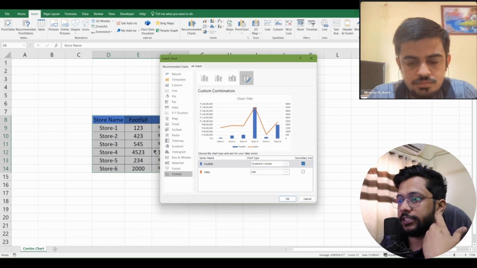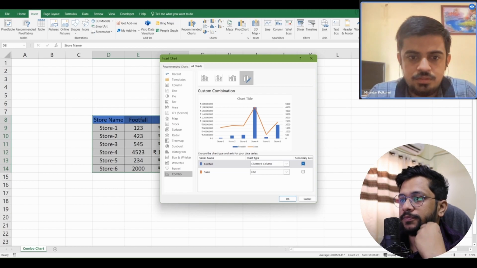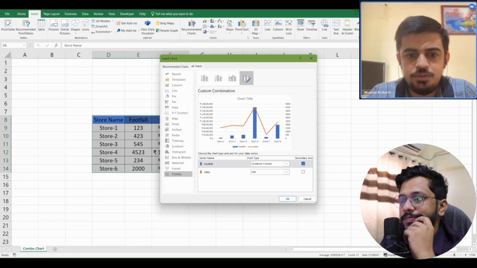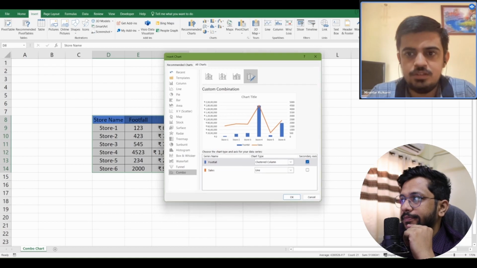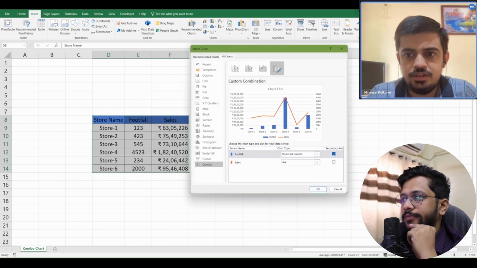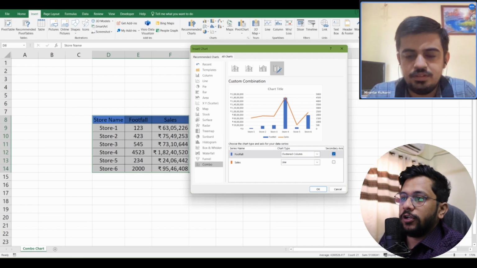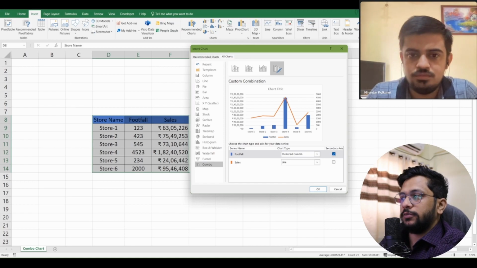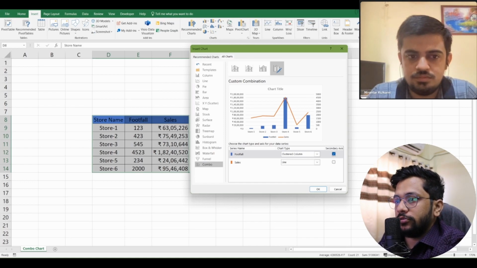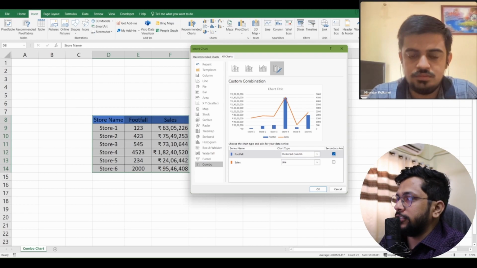Why would we create secondary axis? Because we don't have the same scales for both the metrics that we are going to represent. Correct. Footfall numbers are ranging between 100 to 4000, and sales numbers are ranging between 25 lakhs to roughly 1.8 crore, right? So we can't just have both of them on a single axis.